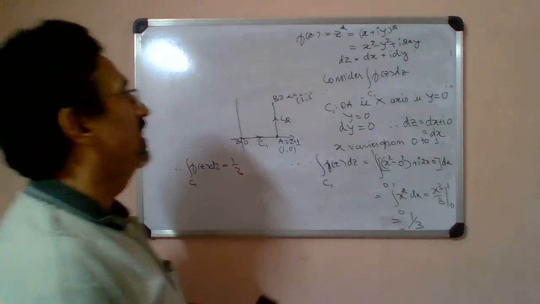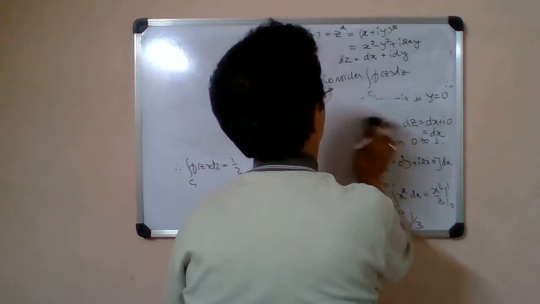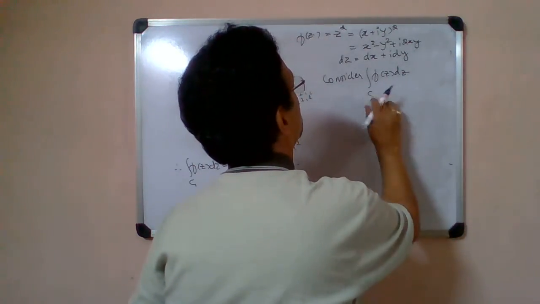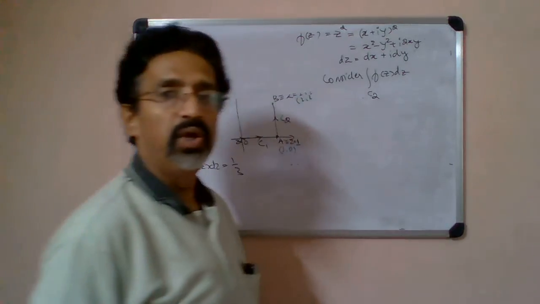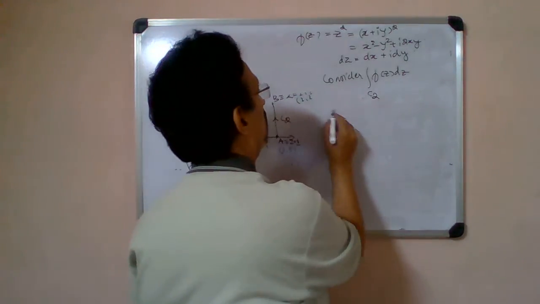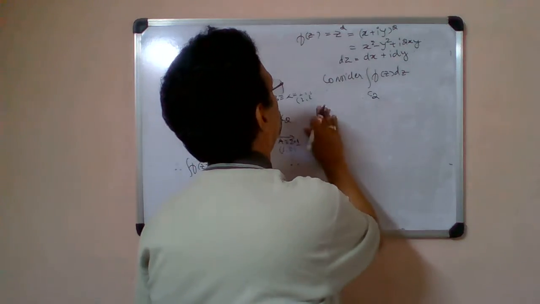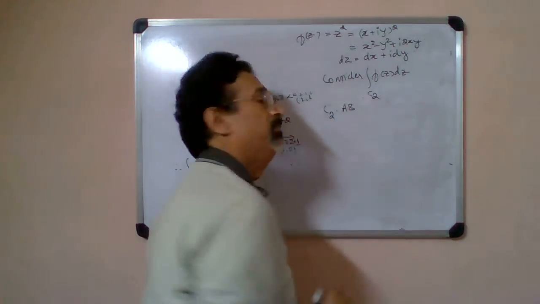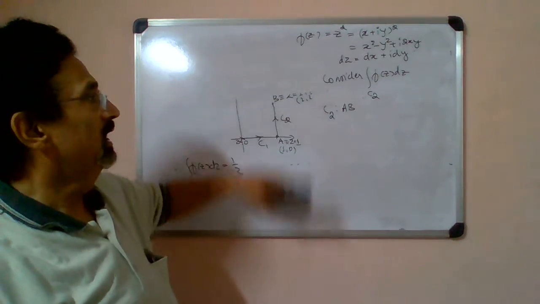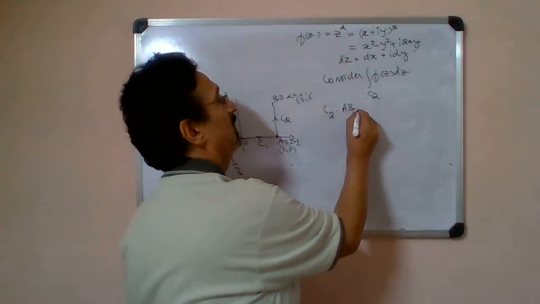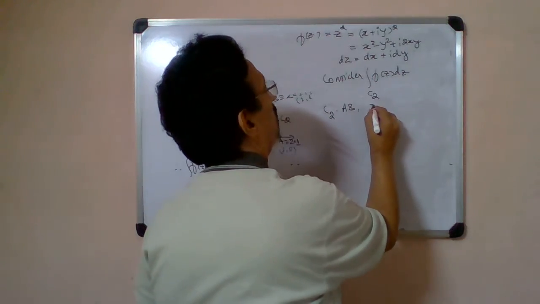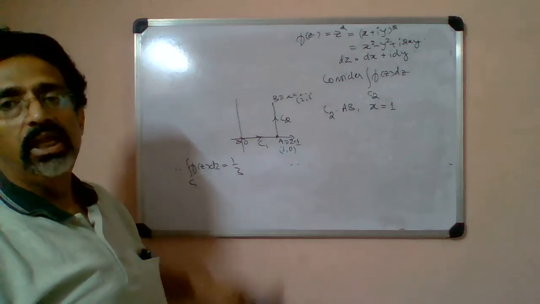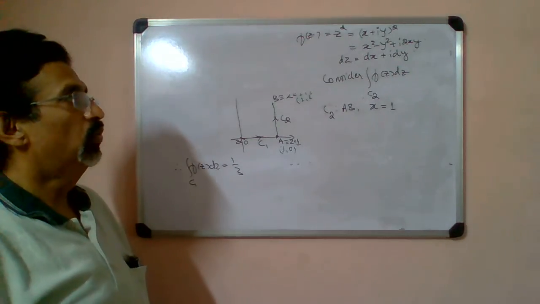Now I consider the integration over C2. What is C2? C2 is nothing but the line AB. So what is this line? x is equal to 1 is the line AB. So x is 1.